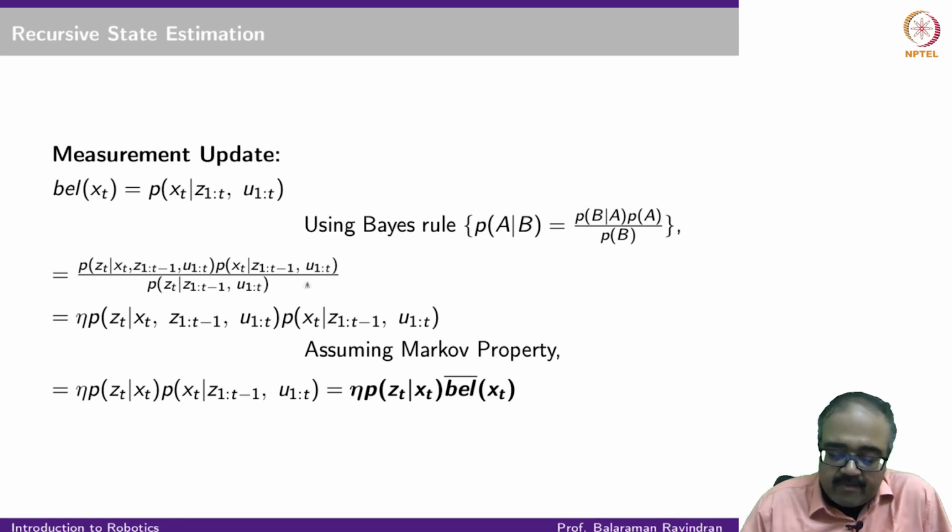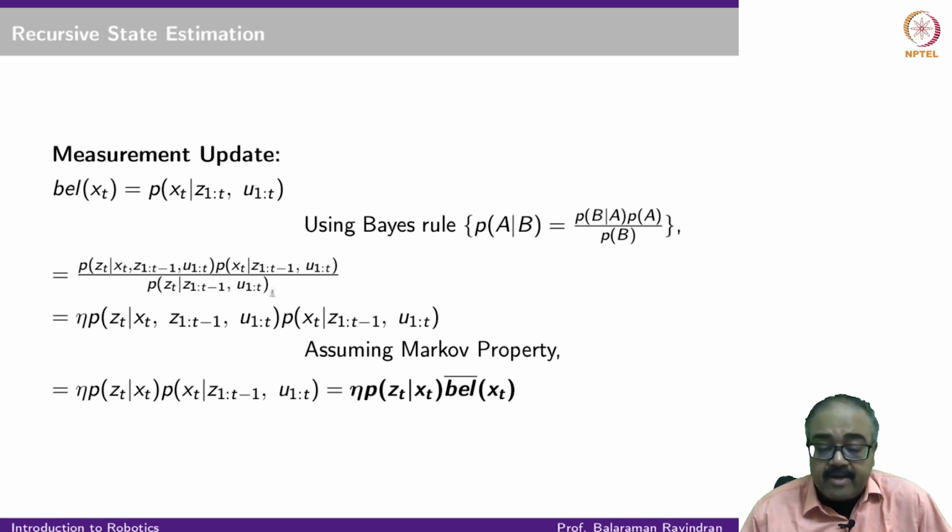This is my p of b given a, and this is my p of a, which is probability of xt given all the previous measurements and all the actions I have taken so far, divided by my p of b part, which is probability of zt given z1 to t minus 1, u1 to t.